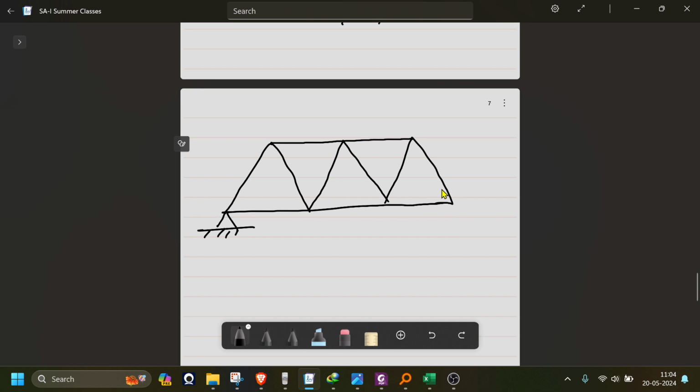Let's make it in this way. Let us say I have it this way, right? This is the roller support, right? So what will be the external indeterminacy for this one?